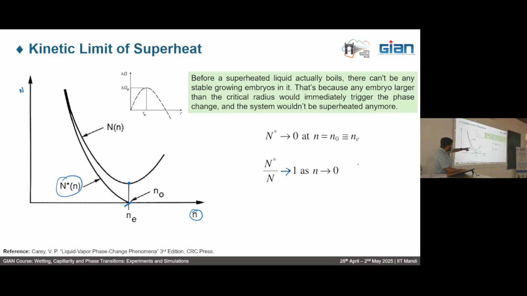So when n approaches 0, the number of embryos in the equilibrium and non-equilibrium states are almost equal. That's why the ratio approaches 1. So we can have this plot, where this is for equilibrium, and this is for non-equilibrium.